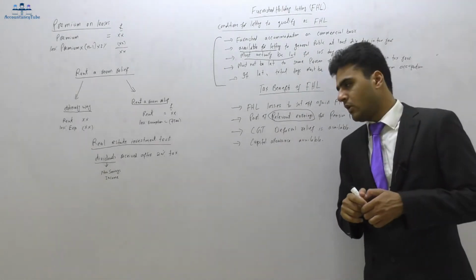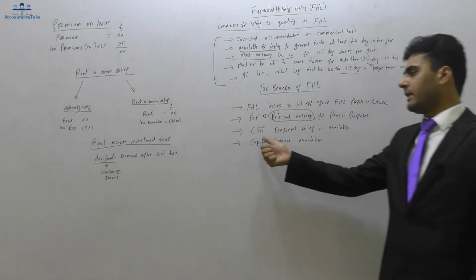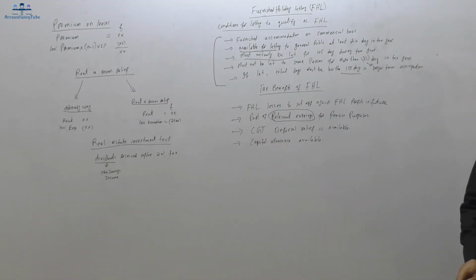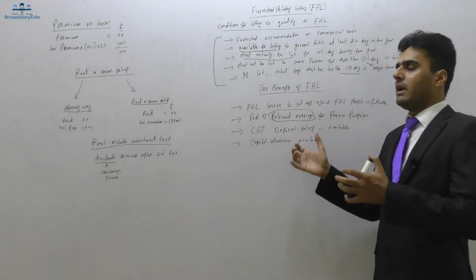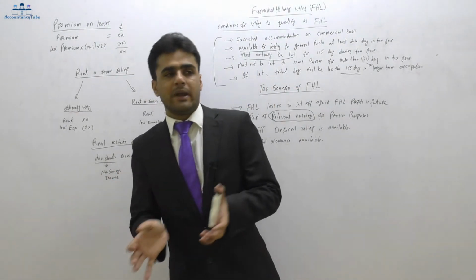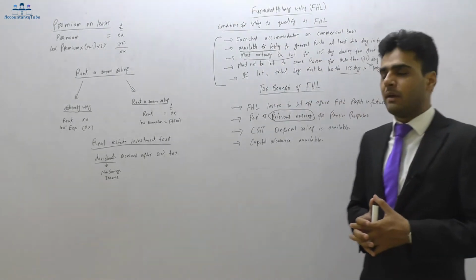And then it says CGT, which is basically capital gains tax. We will see later when we move to capital gains tax, then you will understand it in a better way. Capital gains tax deferral relief simply means that you will not have to pay tax now, you might have to pay in the future. You are just deferring your capital gains tax liability.